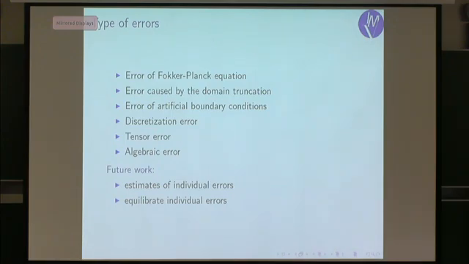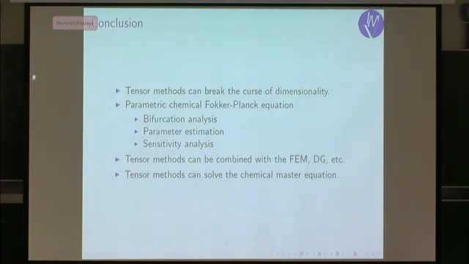The ultimate goal here is to have estimates of all components of these errors to see which of them dominates, or where the worst problem is, where I should invest more time and effort to decrease the error. For example, if the tensor error dominates, there is no point in refining the mesh, right? This is what we are working on now. This is our current project.